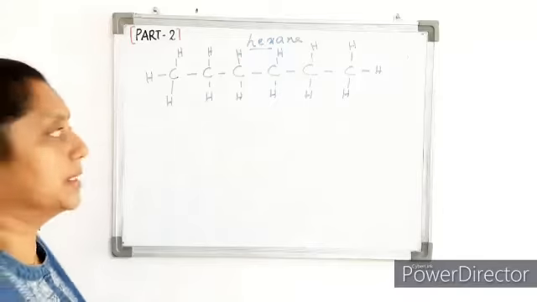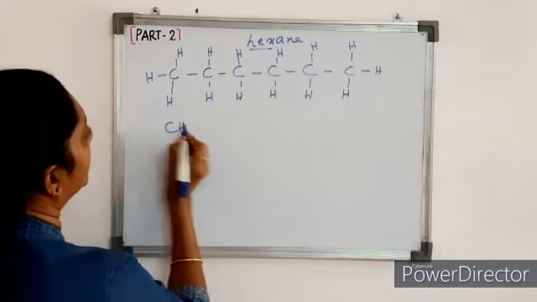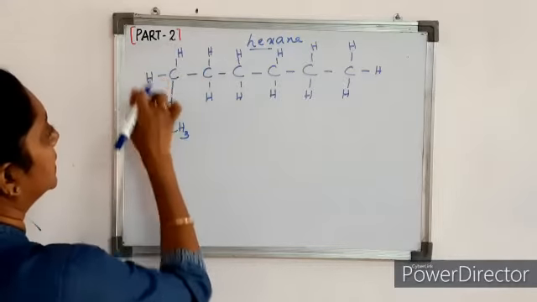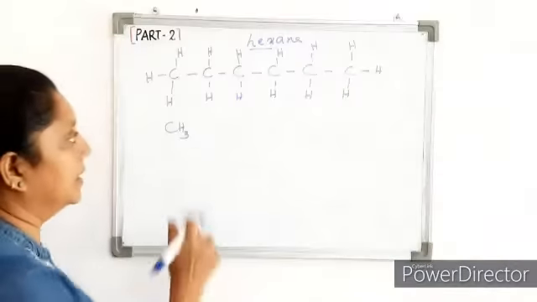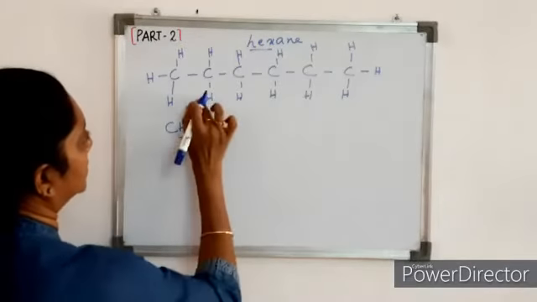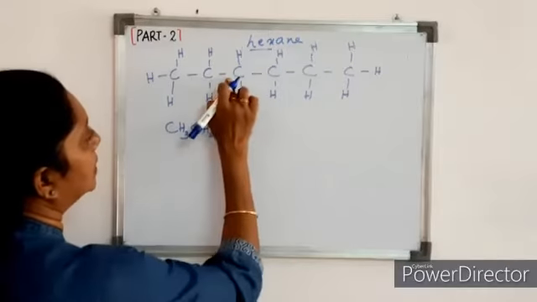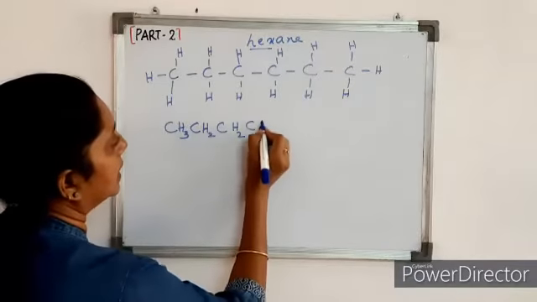We can also represent this molecule in this way. CH3, because with the first carbon atom 3 hydrogen atoms are attached. With the second carbon atom 2 hydrogen atoms are attached. Again the third carbon atom with 2 hydrogen atoms.